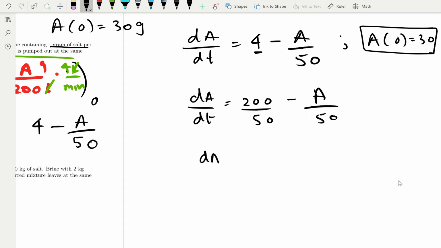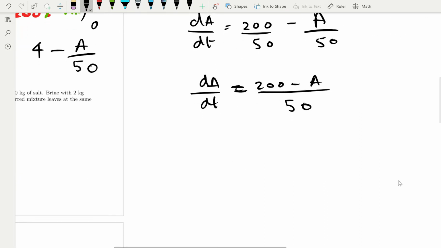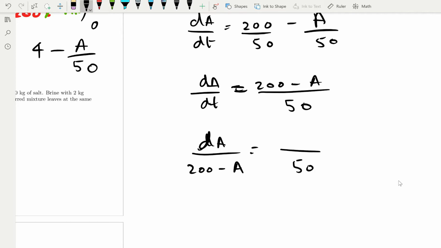So dA over dt is 200 minus A, over 50. Now you can separate the variables. Take 200 minus A to the left, because 200 is bonded with A, and leave 50 here. So 1 over 50, and take dt to the right.